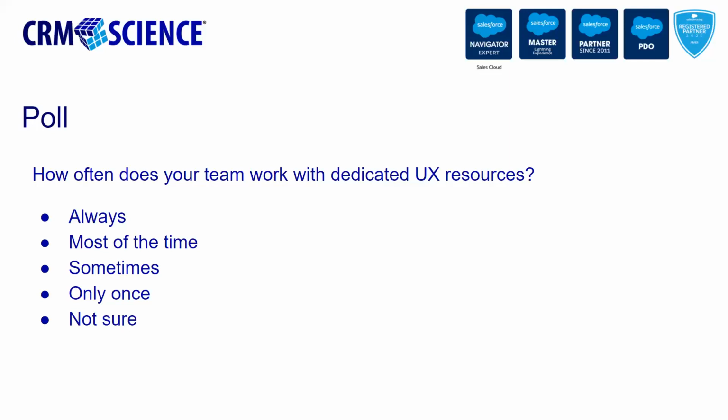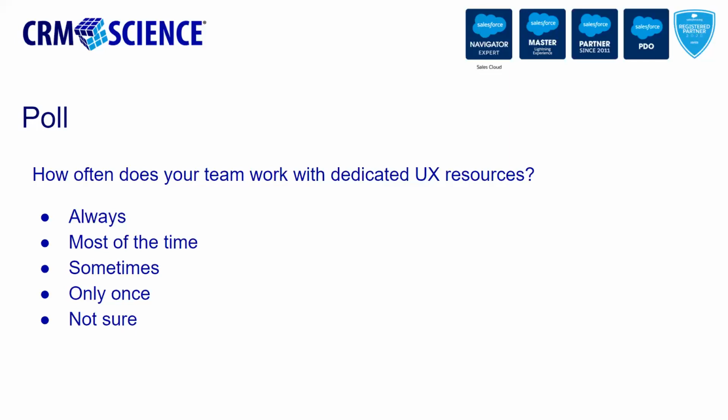So everyone should be seeing the poll on their screen right now, and we'll give people a minute or so to answer. All right, we have over 75% of people voted.